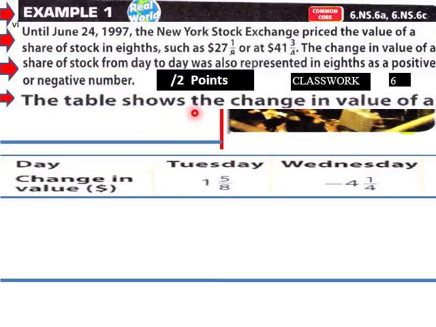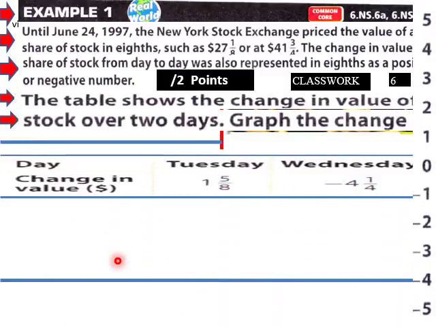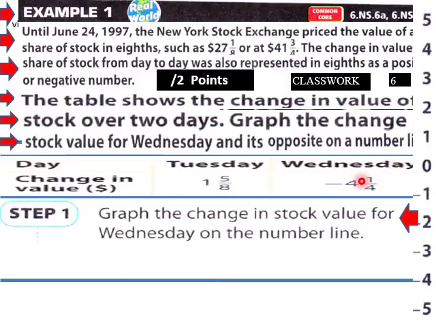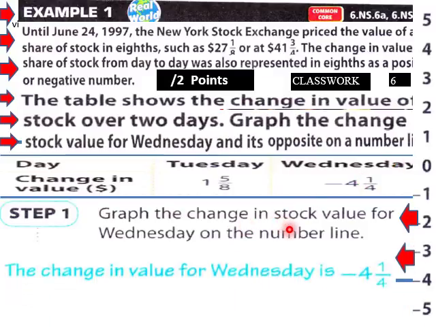The table shows the change in value of a stock over 2 days: 1 5/8 and negative 4 1/4. Graph the change in stock value for Wednesday and its opposite on a number line.